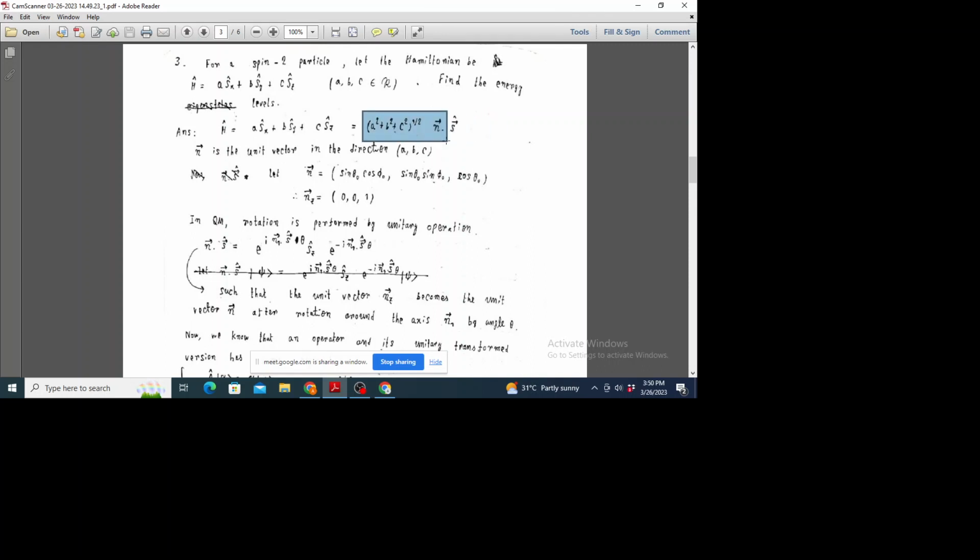So this is the vector, and with this we are taking the dot product of the spin angular momentum vector operator. So this is our Hamiltonian. So now our job is to find the eigenvalues of this operator, n vector dot S operator, where n is the unit vector in a given direction.